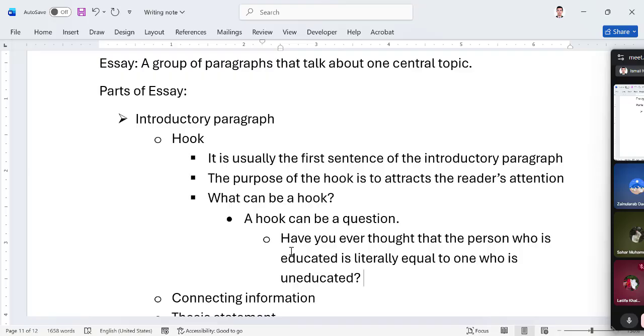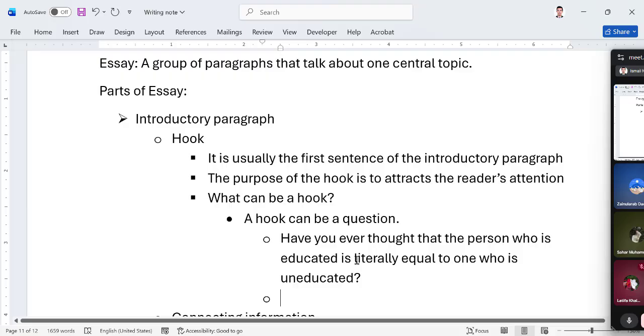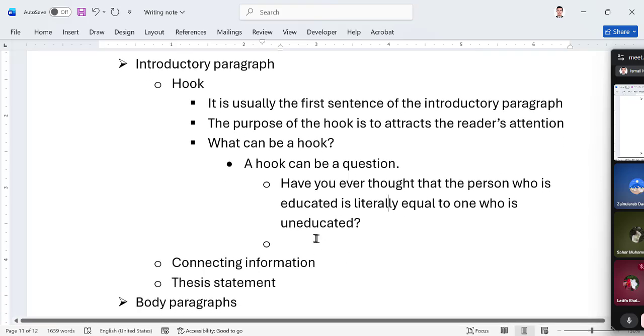It starts with a general concept of education, a comparison between educated and uneducated. So it can be a hook. It is a question, a general statement. The rest of the introductory paragraph talks about the background: what we mean by educated and uneducated, and how literally they can be considered equal or unequal. So this can be a hook.